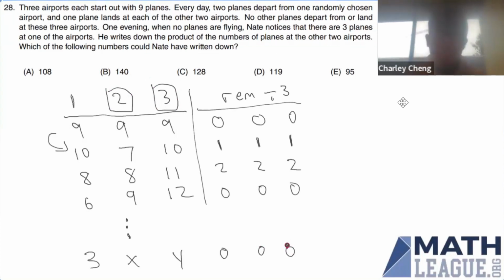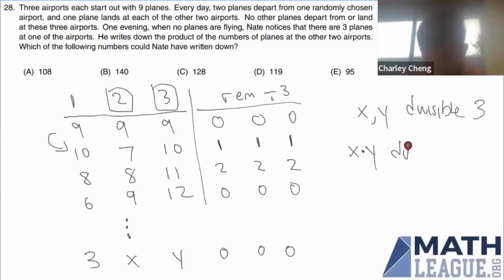So that means both X and Y are divisible by 3. And this means that if we take the product, we want to find the product, remember? So we have X times Y. Notice that this is going to be divisible by 9, since X and Y are both divisible by 3.